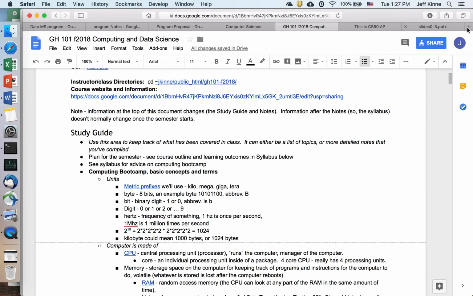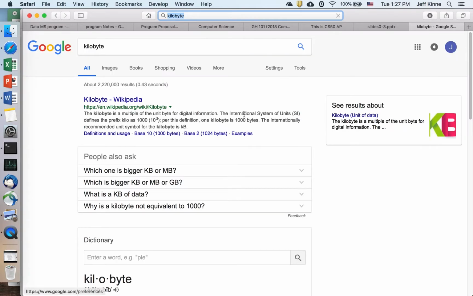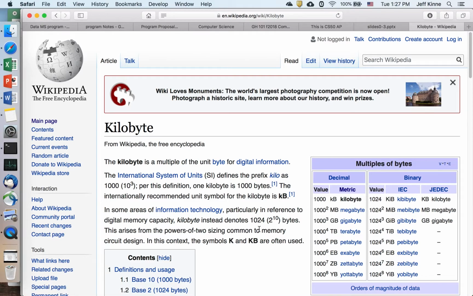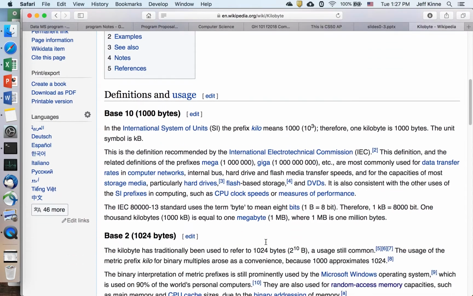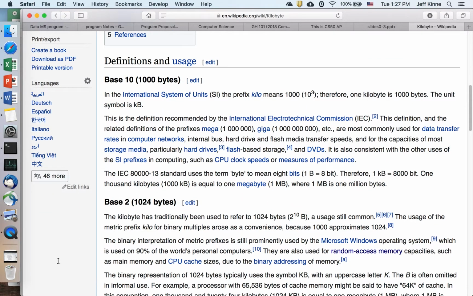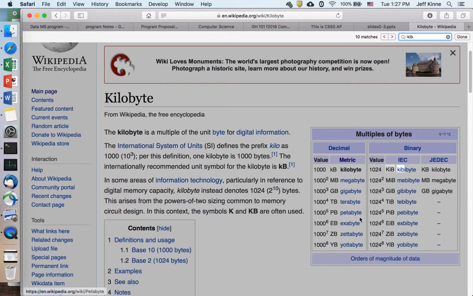Okay, so if we look up kilobyte and see what Google says, here's the 1,000 and here's a 1,024. They actually have a different abbreviation for the power of 2 version of metric prefixes.